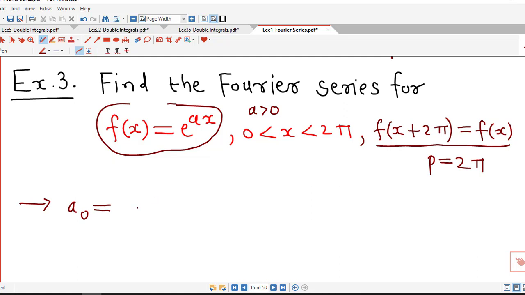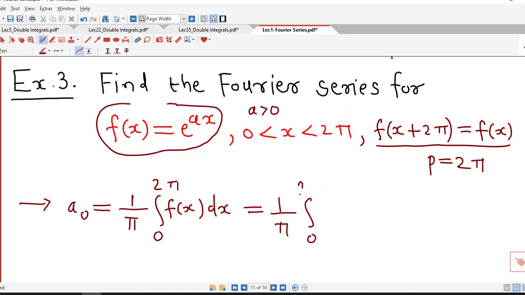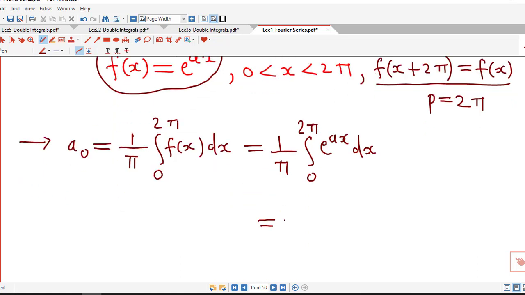The formula for a0 is 1 over pi integral from 0 to 2 pi f(x) dx. Our function is e raised to ax, so we put f(x) equal to e raised to ax, and as we know, the integral of e raised to ax is nothing but e raised to ax divided by the coefficient of x, which is a, and the limits of x are from 0 to 2 pi.